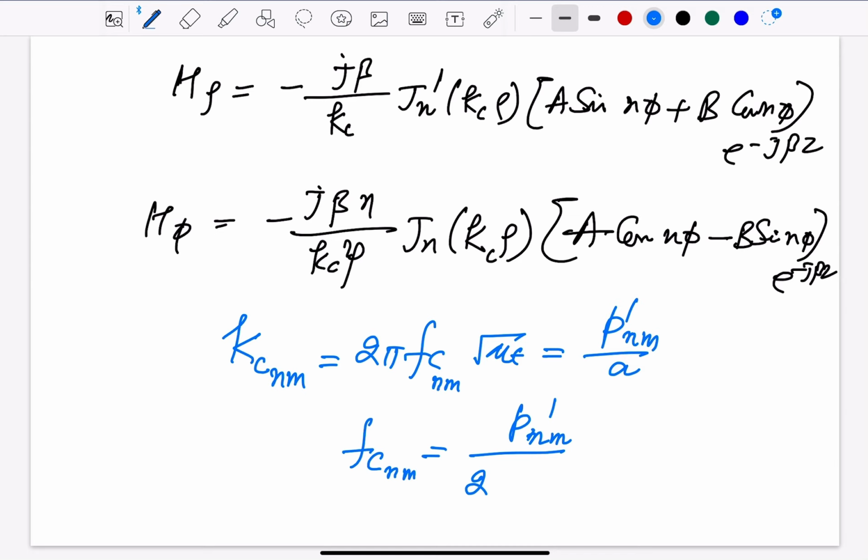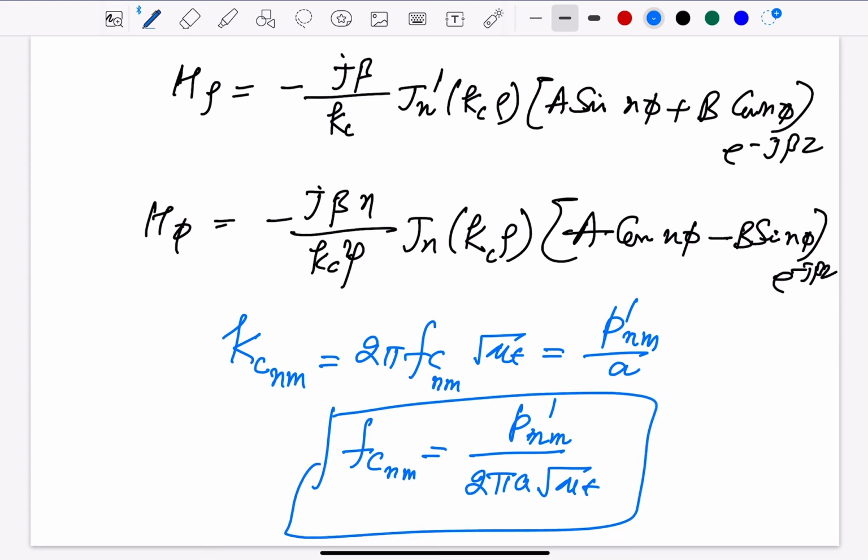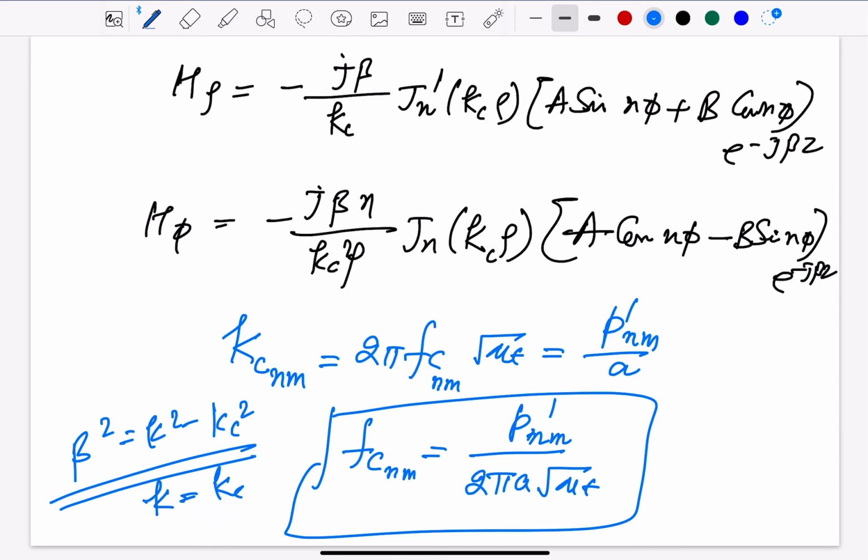This is what we got after we differentiated the Bessel function. This is the cutoff frequency for the cylindrical waveguide in TE mode. Basically, we are determining these things from beta square is equal to k square minus Kc square. The moment you want to find the cutoff frequency, you make k equal to Kc, and then only you can get these things.